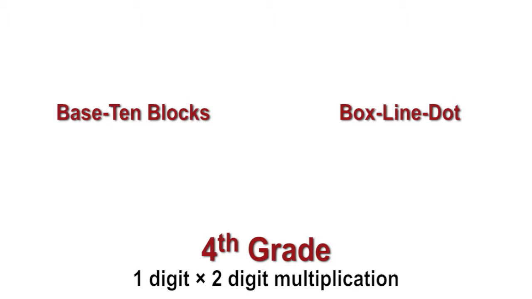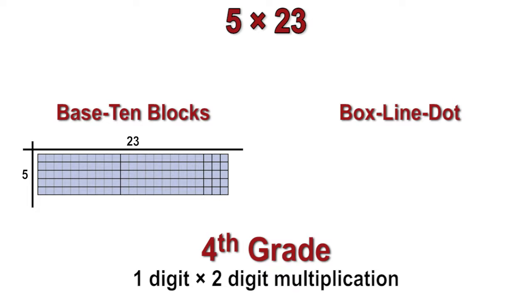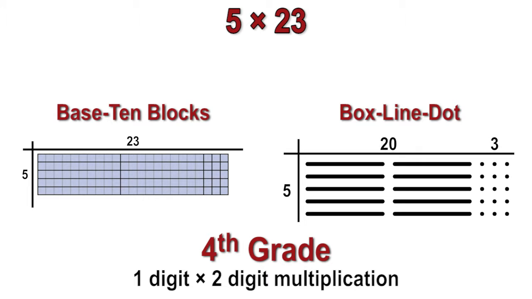For example, let's model 5 times 23. Here it is modeled using base 10 blocks, and here it is using the box line dot method.